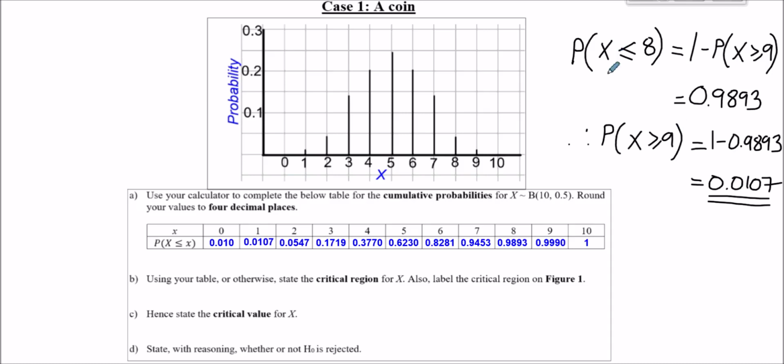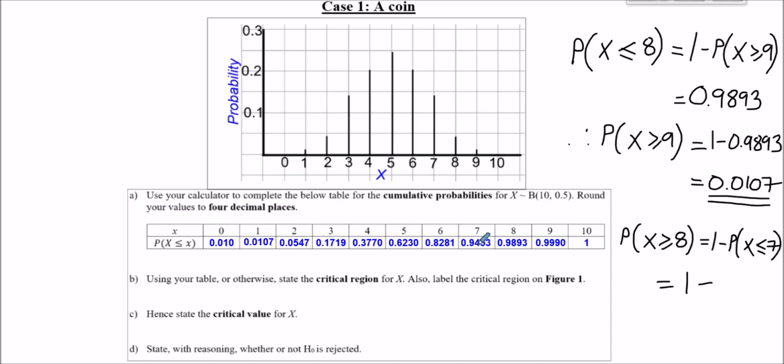But what we need to do now is think about what's the probability of x being 8 or greater. Is that going to be less than 5%? So can we go one further and say that our critical region may include 8 as well? Well, the probability of x being greater than or equal to 8 is equal to 1 minus the probability of x being up to and including 7.